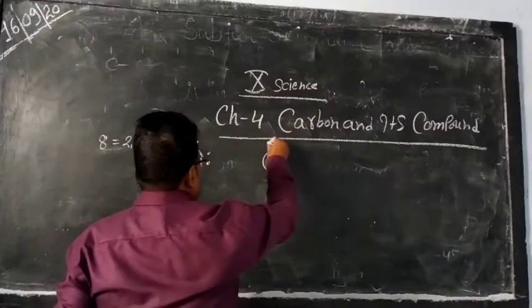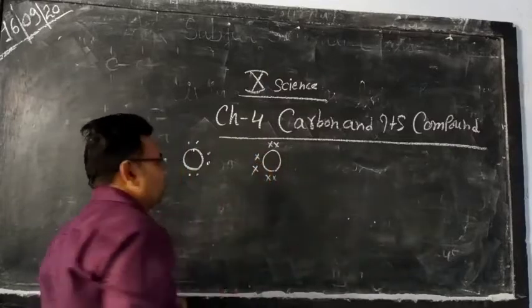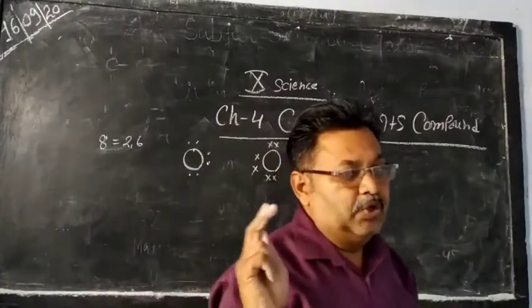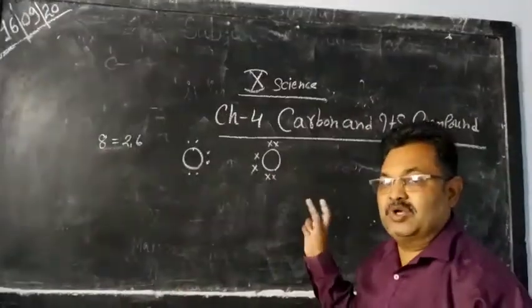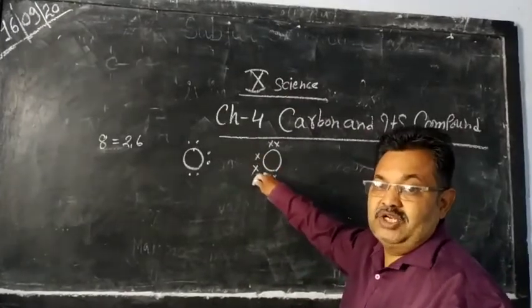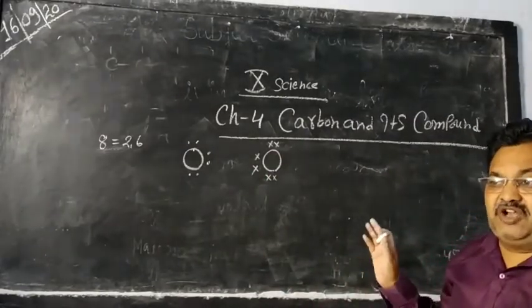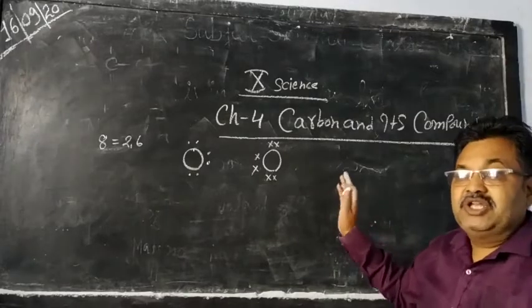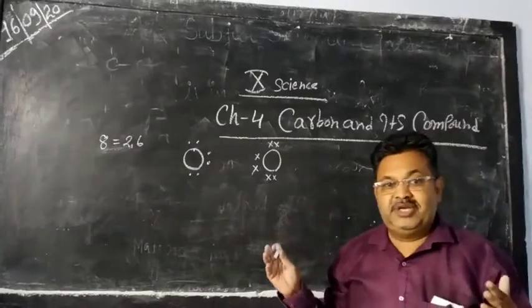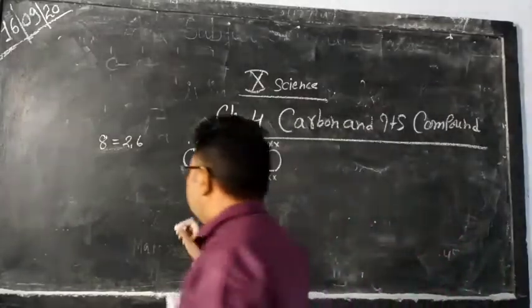So here is another atom of oxygen which also has 6 electrons in its outermost shell. Both atoms need 2 electrons to complete their octet, but neither can give its 2 electrons, so both atoms combine together by the equal sharing of electrons. Because neither atom gives its 2 electrons for the bond formation, they are combined together by the equal sharing of their 2 electrons.